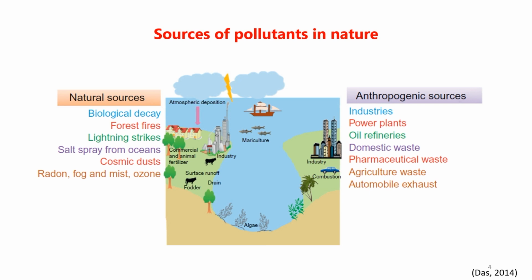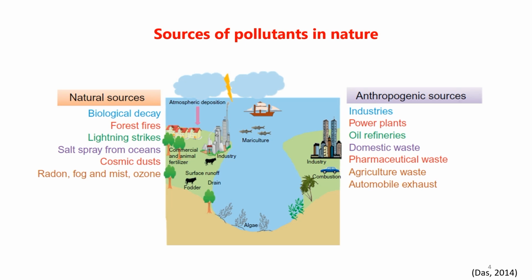Then we have the salt spray from the oceans, then cosmic dust, and also many times our deserts, when exposed to strong winds and turbulence, lift the soil and sand, and they are drifted to far away places. Then there are other things like radon, fog and mist, and ozone. These are all happening due to natural phenomena, and we have actually no control over them.